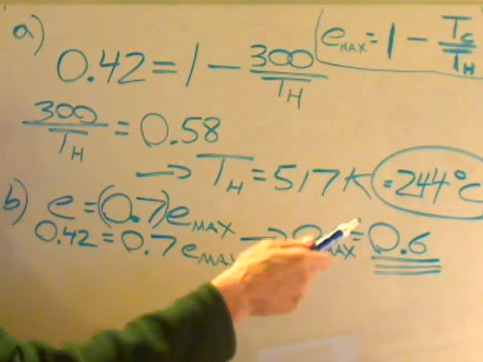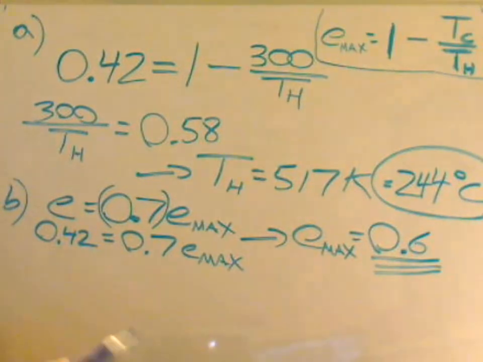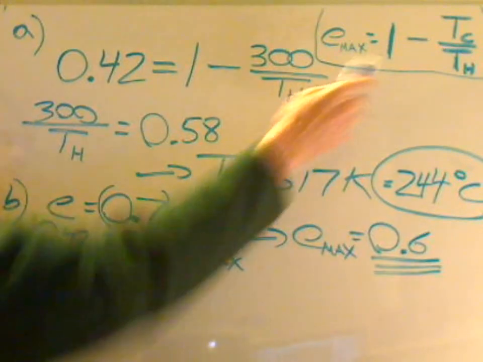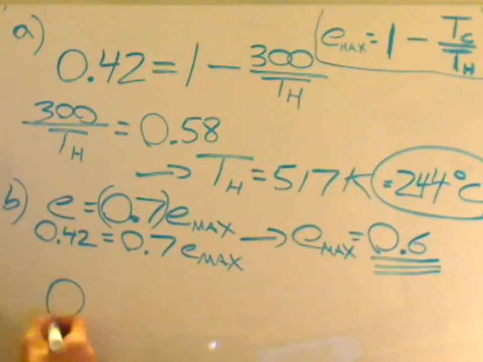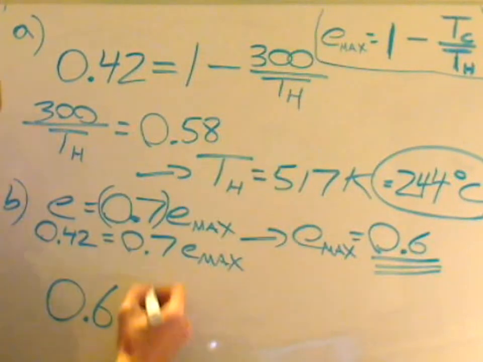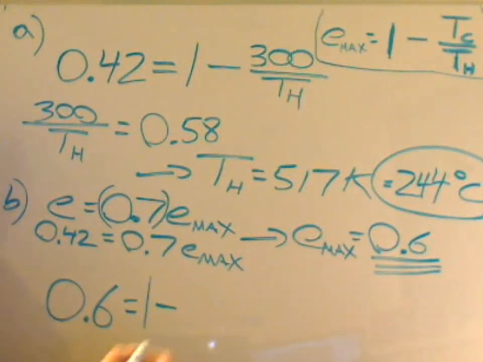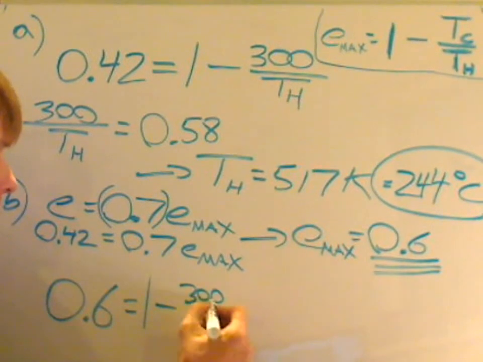So therefore, we can now use this value to figure out what the hot reservoir temperature would be to get this efficiency. So we plug that in here. 0.6 is 1 minus the cold reservoir temperature, which again is 300, divided by the hot reservoir temperature.